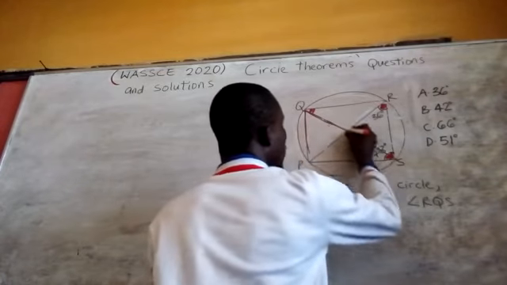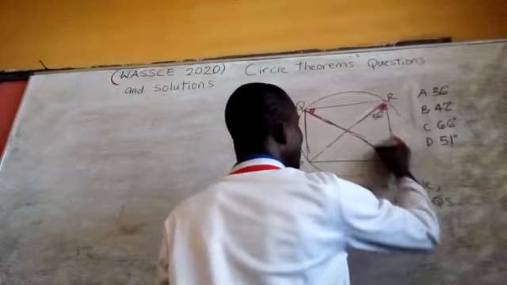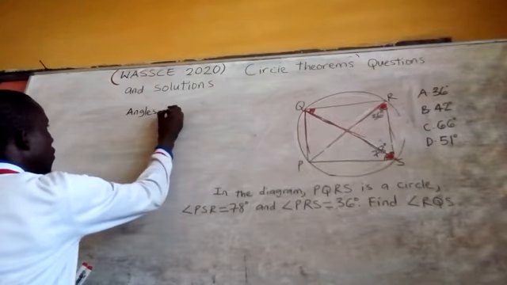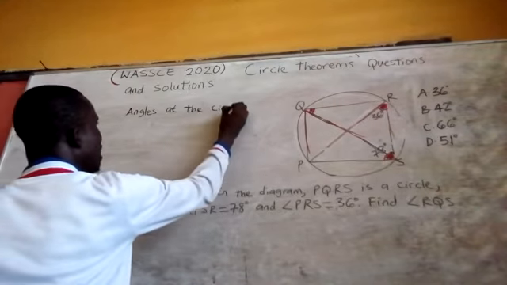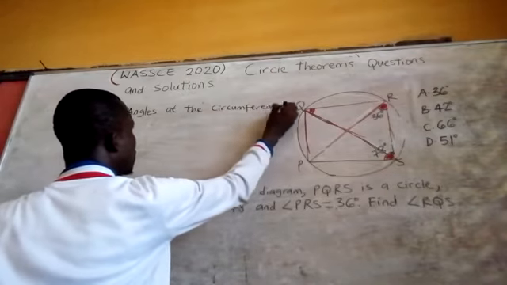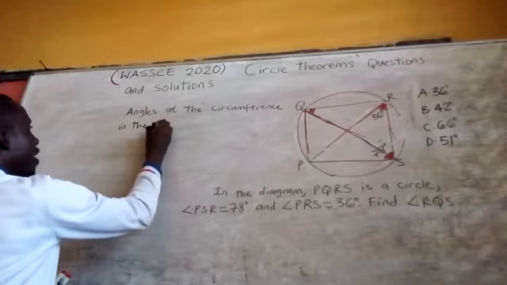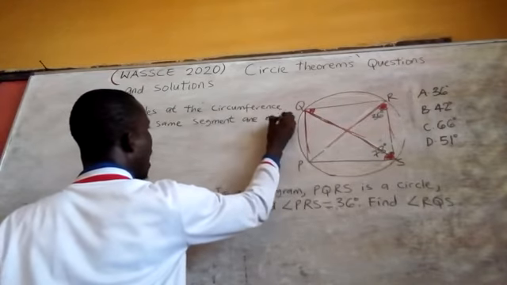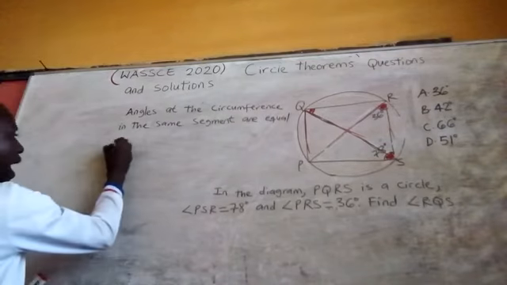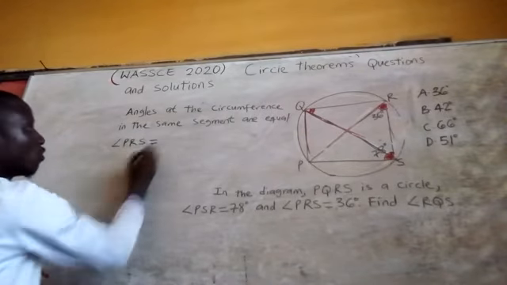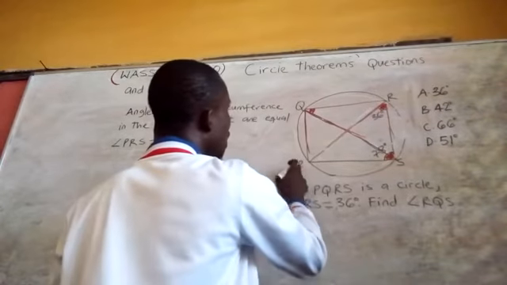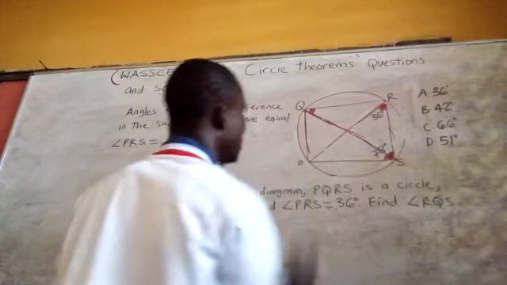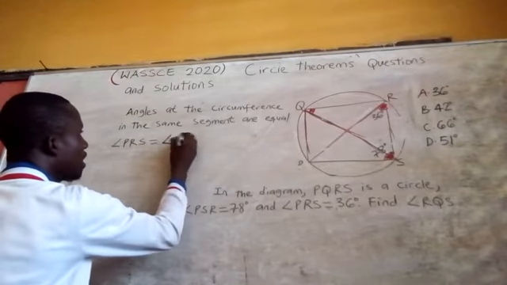So angle PRS will be equal to angle PQS.